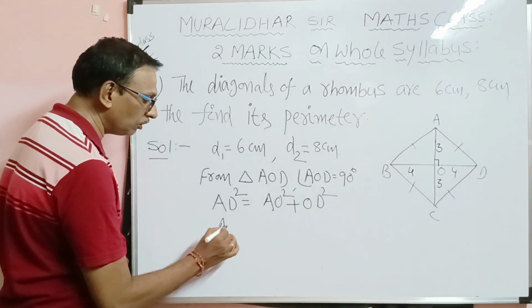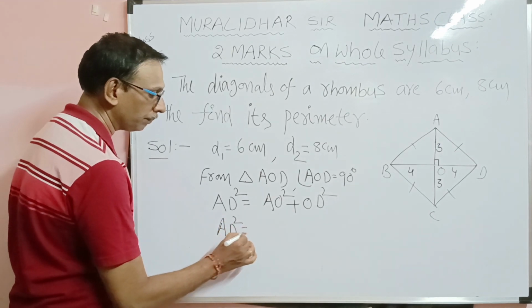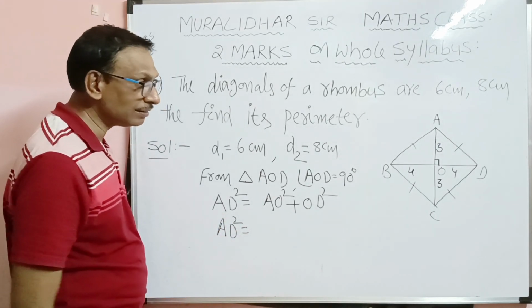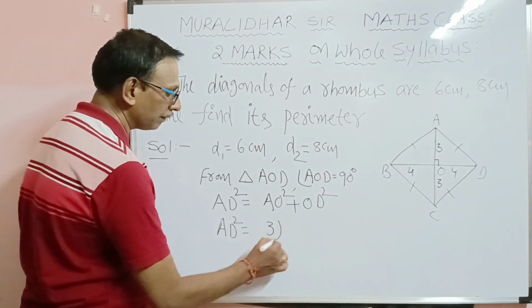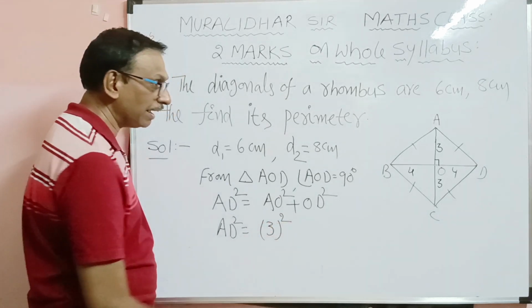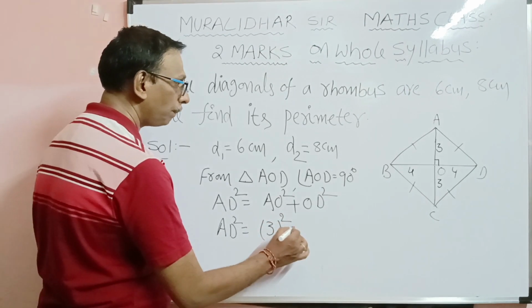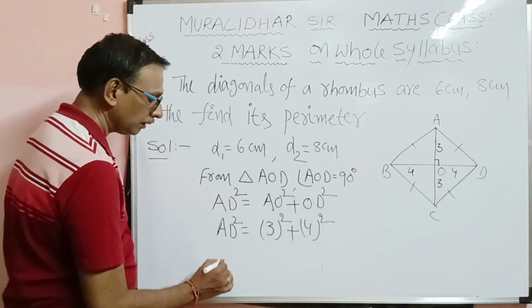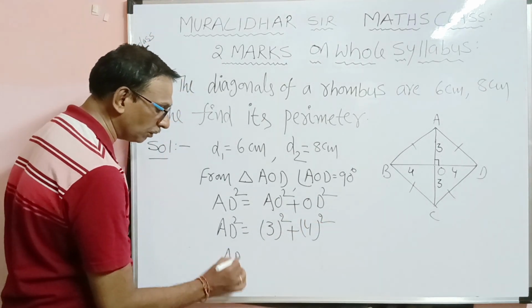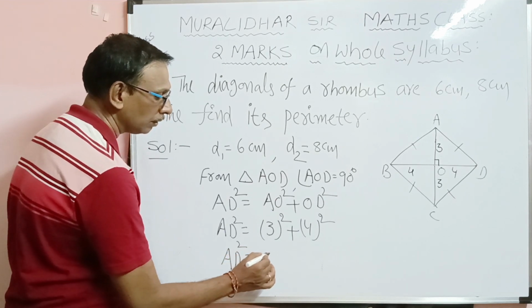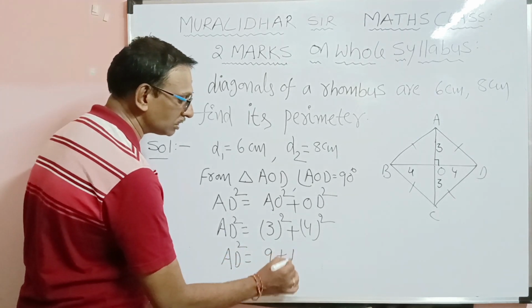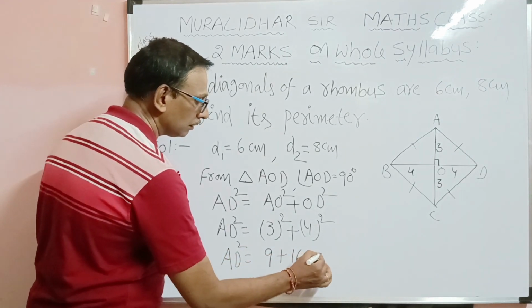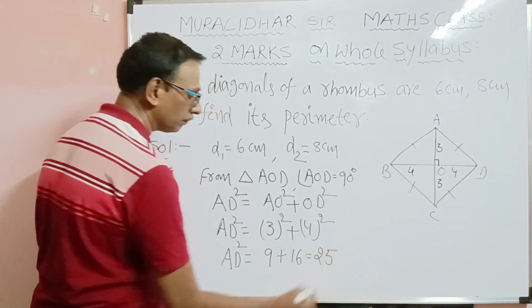AD square is equal to AO means 3 square plus 4 square. AD square is equal to 9 plus 16, that is 25.